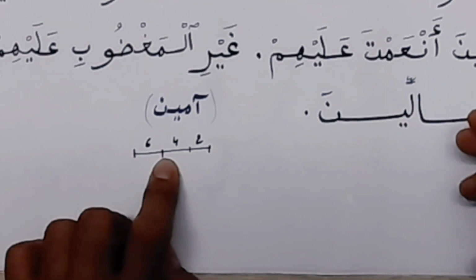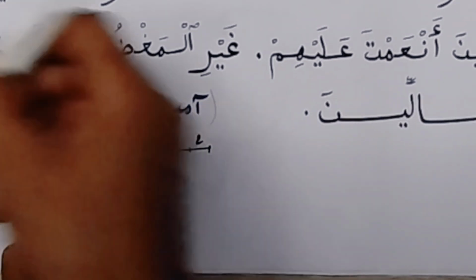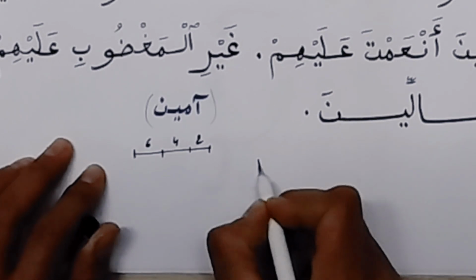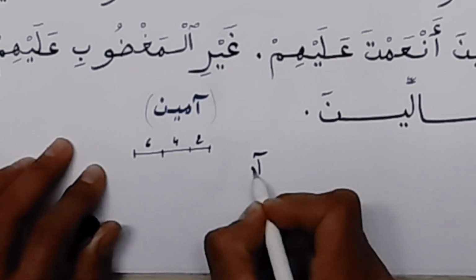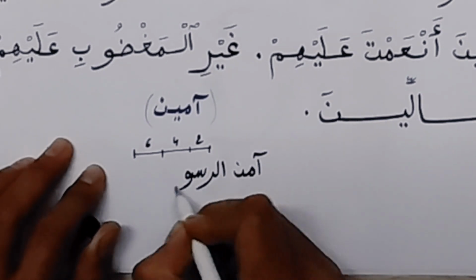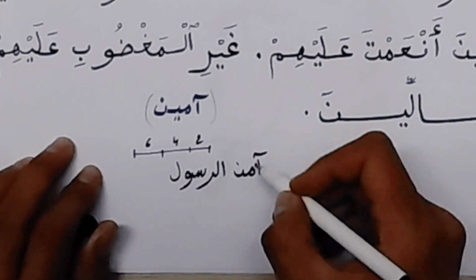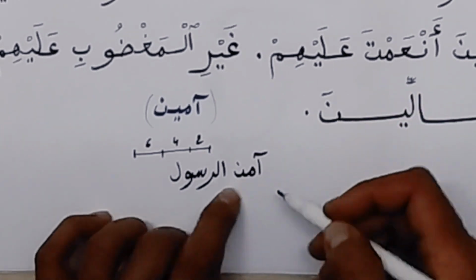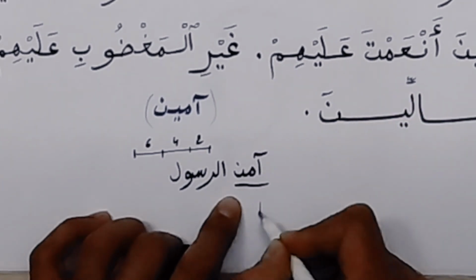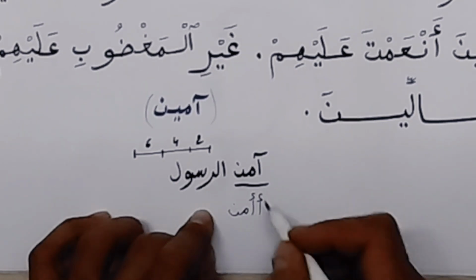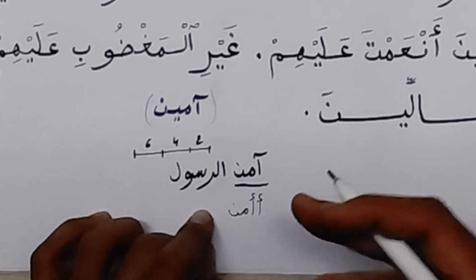For example, amana. In another surah we have, for example, amana ar-rasulu. So this mad is mad al-badal, because the origin of this is أأمن. And we substitute, نبدل.